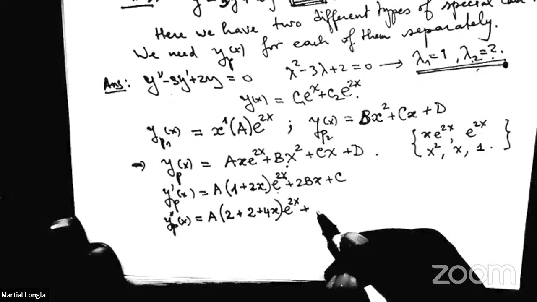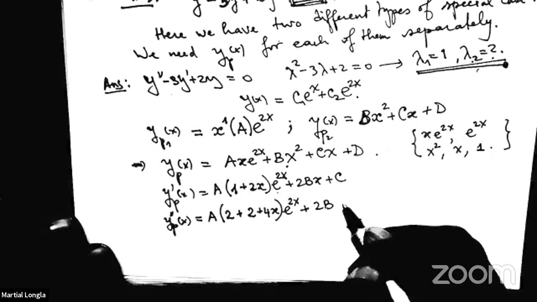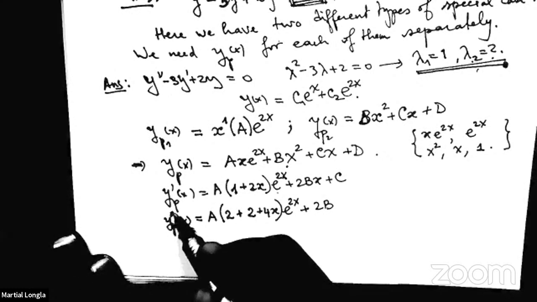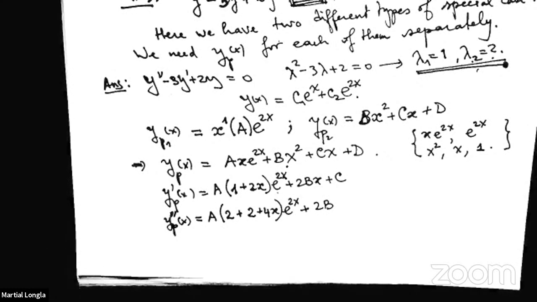And the derivative of this is 2b, the derivative of the rest is 0, that's it. So here are our derivatives. And now you can go ahead and track your coefficients.